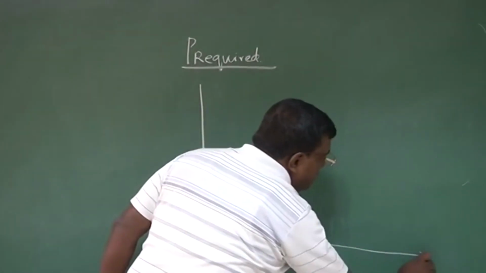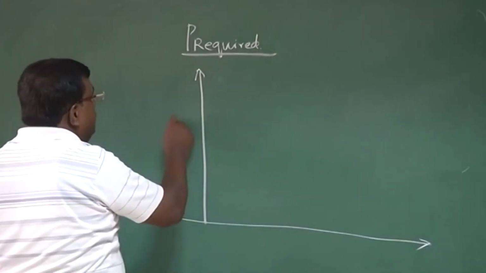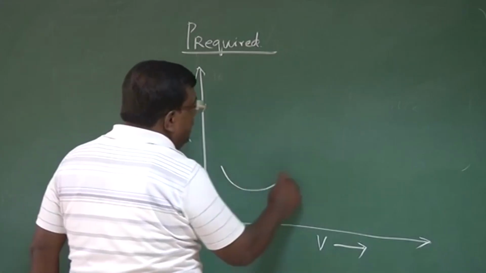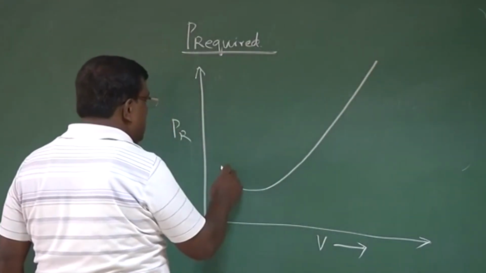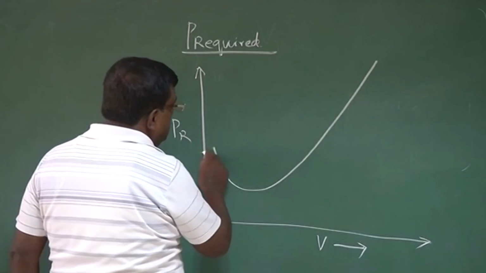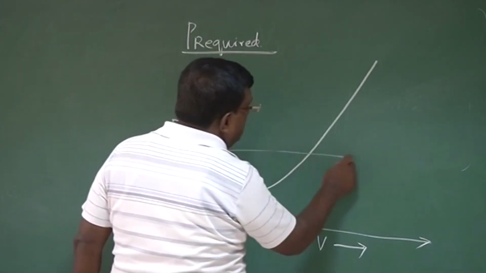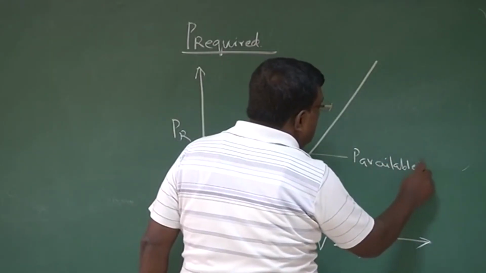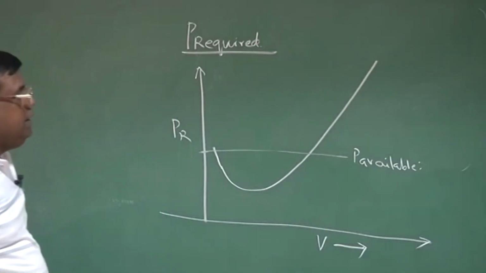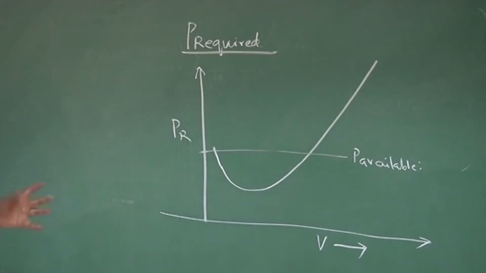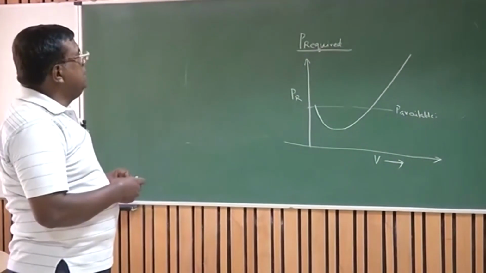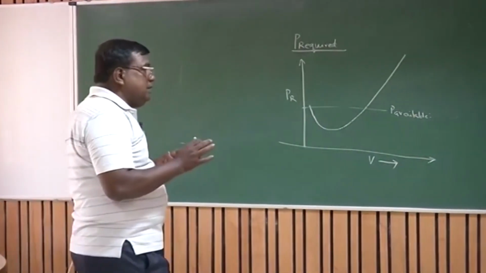Now, if you again revisit power required versus speed or velocity, the graph looks like this, and let's say this is the power available. It's typically a propeller IC engine combination where the power available remains almost constant for practical purposes, as far as understanding the basic physics behind it. In actual practice, please remember, there are secondary effects.